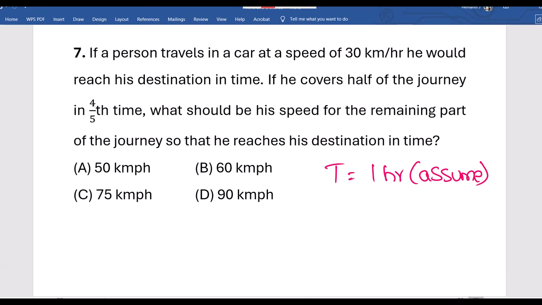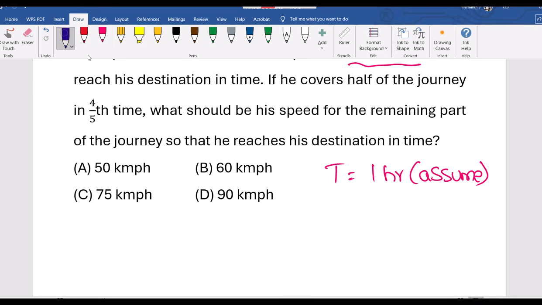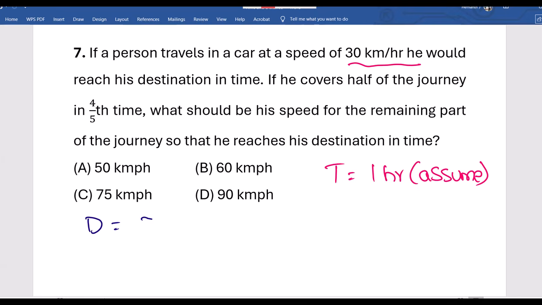Now, with 30 kilometers per hour, 1 hour, how much distance? Distance is 30 kilometers. Up to now, are you clear? Right? Now, what they said, half of the journey.